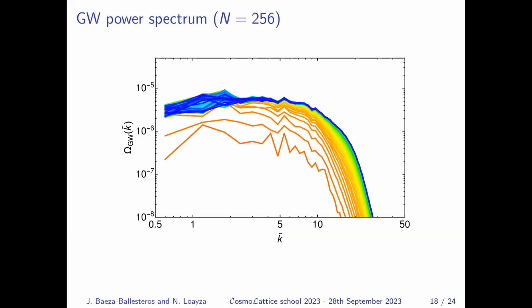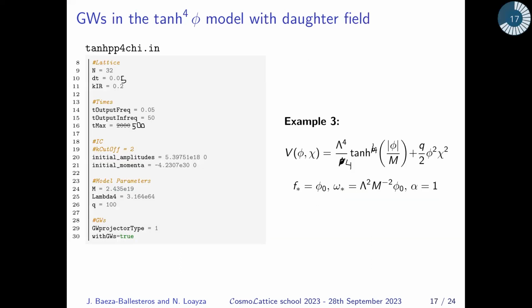So it's because the daughter field back reacts first, before the inflaton. So basically the peaks are lost here because the daughter field has a broad resonance. Yes, the daughter field is created first.